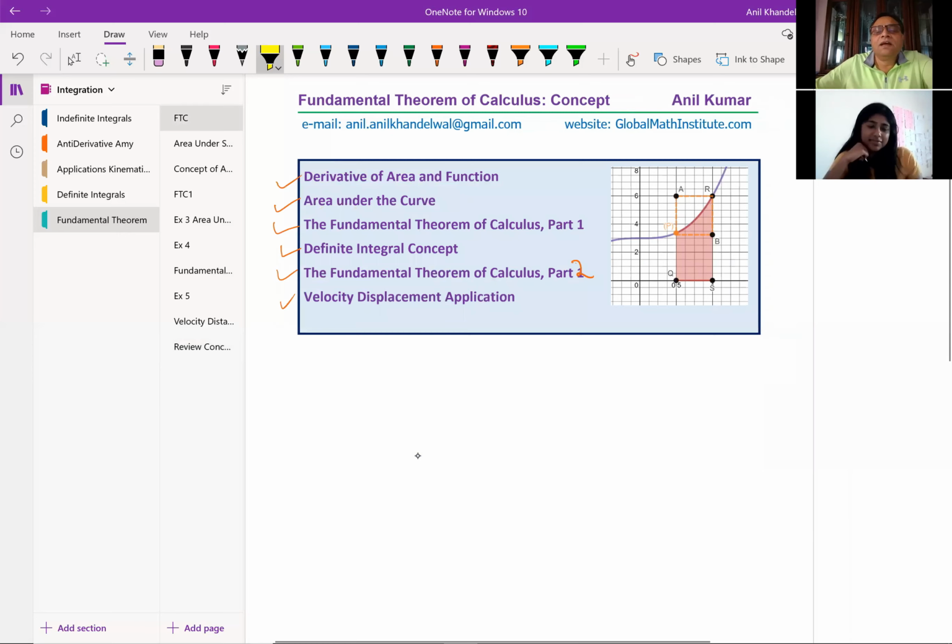Now, Amy, can you summarize our learnings for today? Yeah, so we were looking at the fundamental theorem, the concepts, part 1 and part 2. Part 1 being the rate of change of the area under the curve is equal to the length of, like you said, the moving boundary. So we concluded that when you do dA over dx, it would equal the function itself, y.